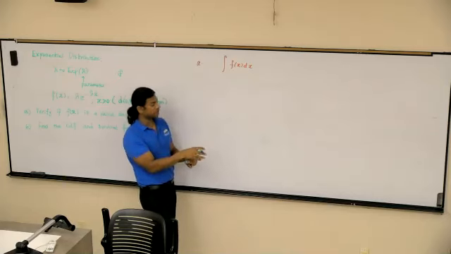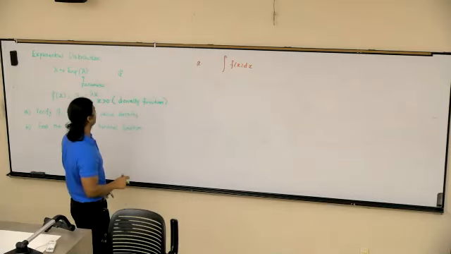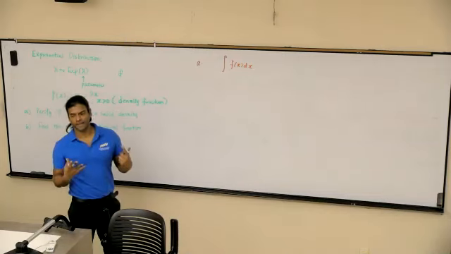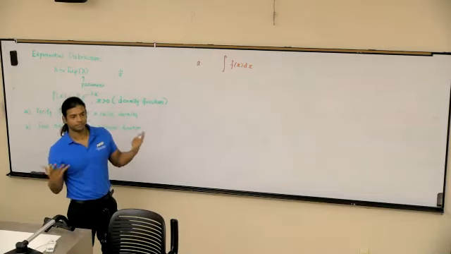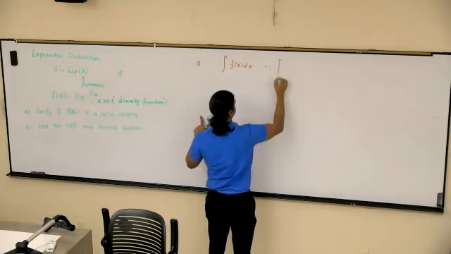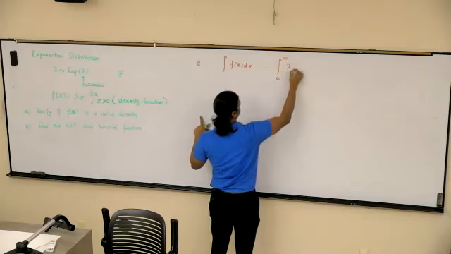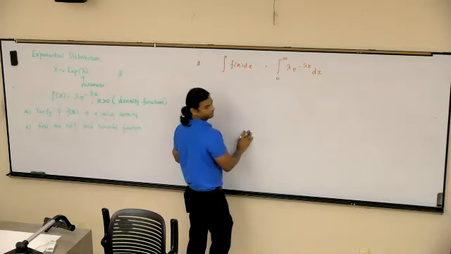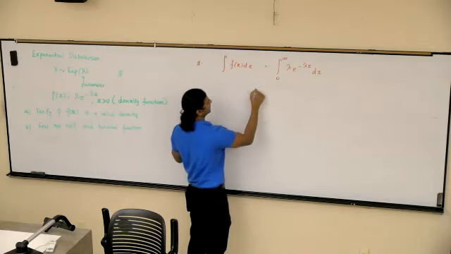If it doesn't equal 1, it's not a PDF. This is the same concept of saying area under the curve is 1, right? So integrate from 0 to infinity lambda e raised minus lambda x dx. Lambda is a constant.